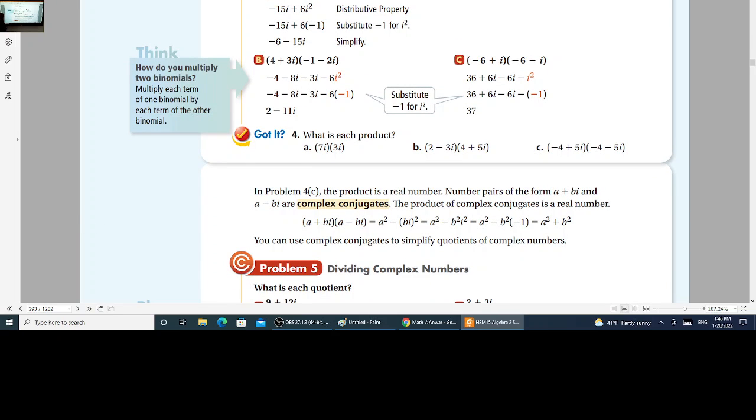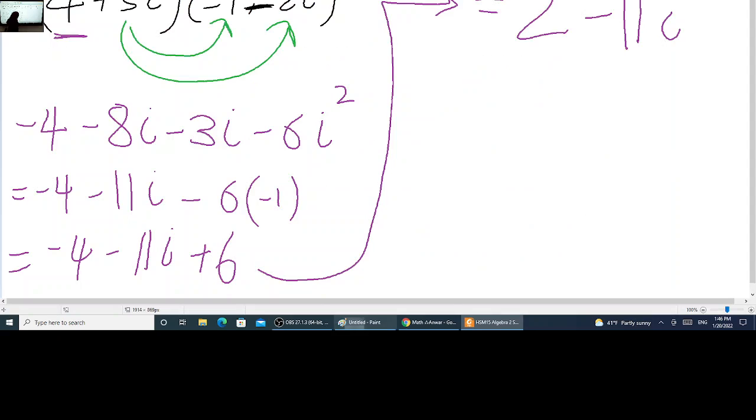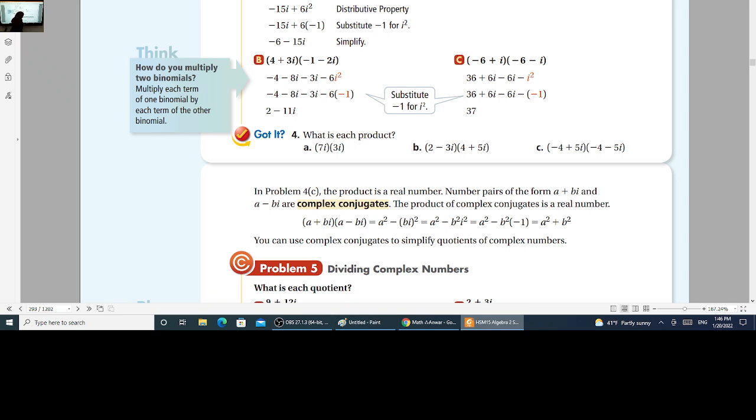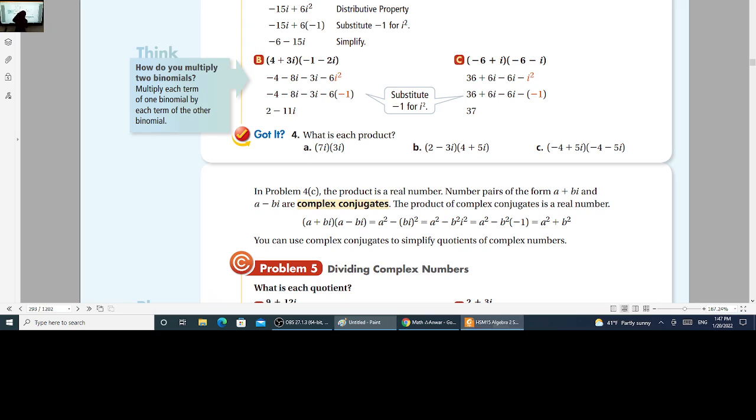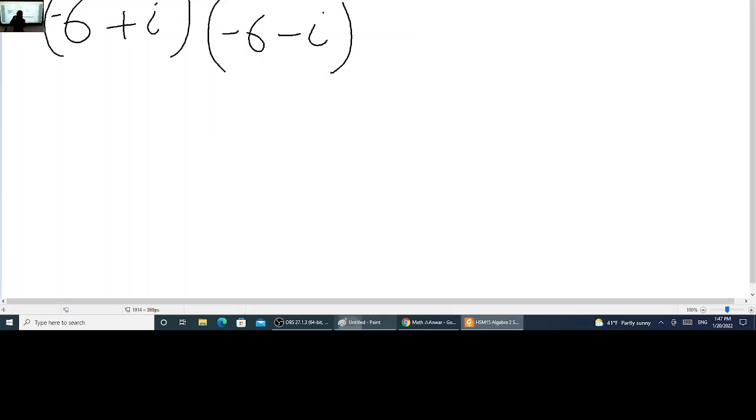Now, 6 plus i times negative 6 minus i. Same story.